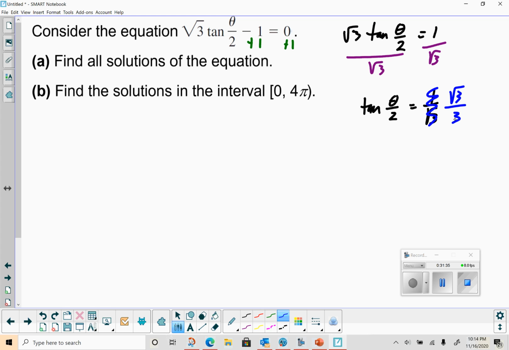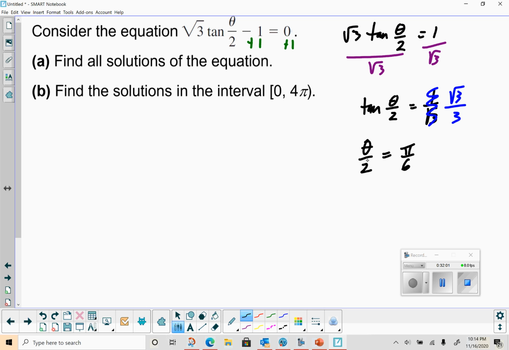Well, we know, again, from your note card, that tangent is equal to square root of 3 over 3 when the angle is pi over 6. So we have theta over 2 is equal to pi over 6.